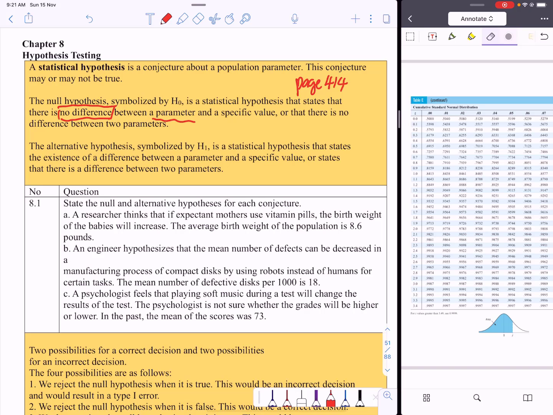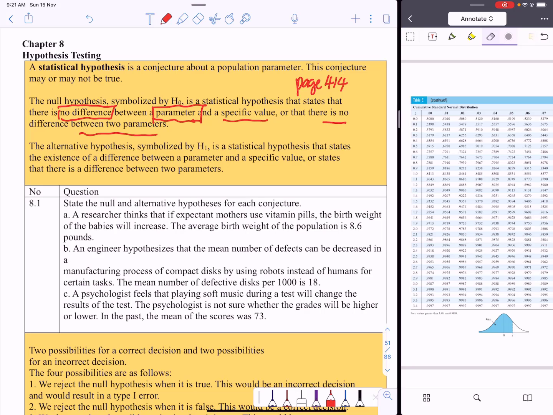The book tells you that the null hypothesis means no difference between a parameter and a specific value, or no difference between two parameters. Please make sure you understand clearly that null hypothesis means no difference between the new statement and the old statement.